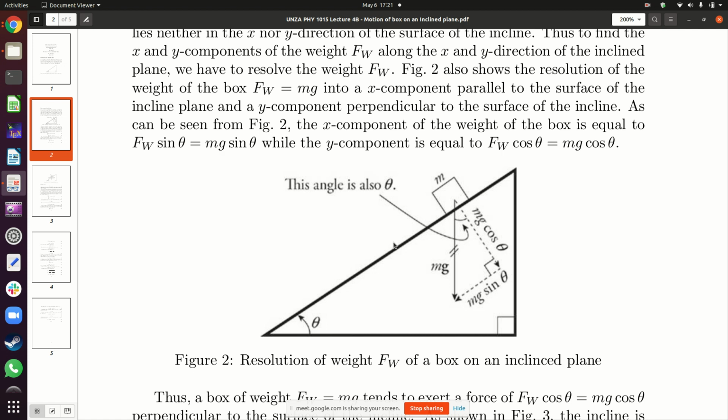We need to find the resultant force which is causing this object to remain motionless. We need to find the resultant force which is causing this object to slide. Acceleration is the result of resultant force. Are we clear?